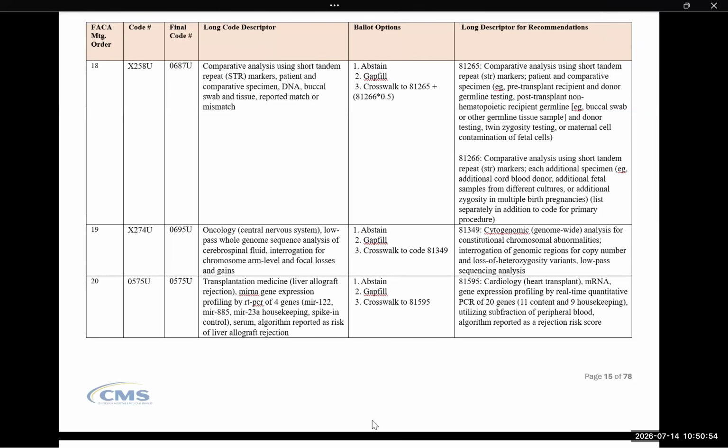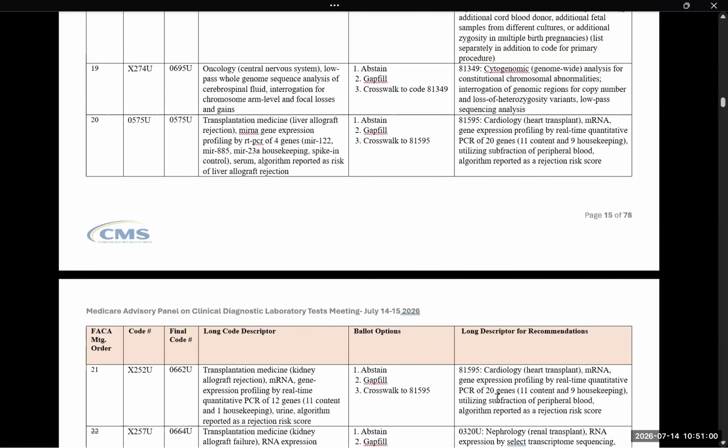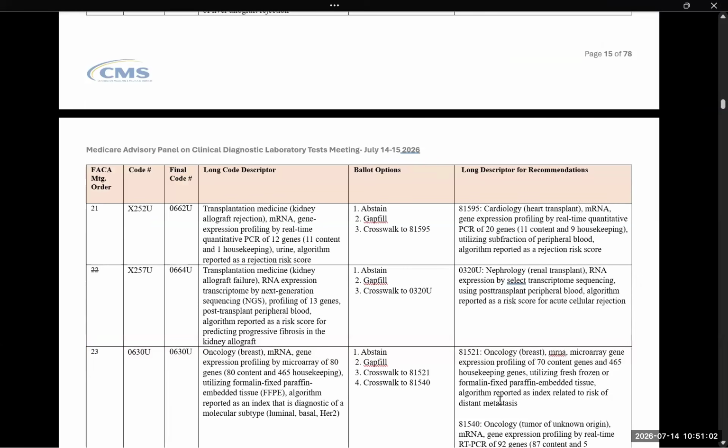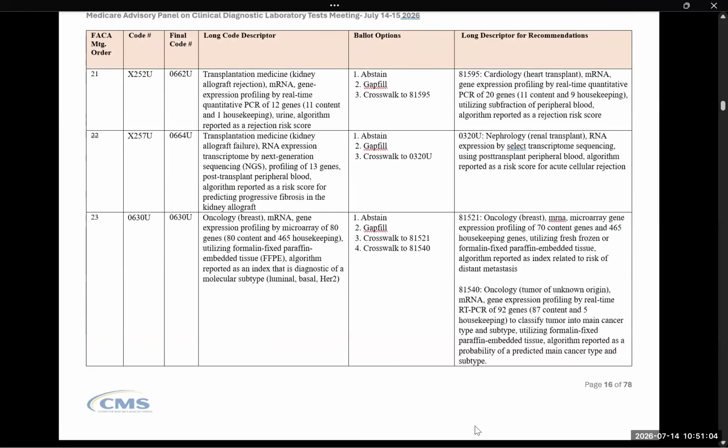All right. The next code up, formerly X252U. There we go. With a final code of 0662U. And Dr. Leonards will be taking this one.